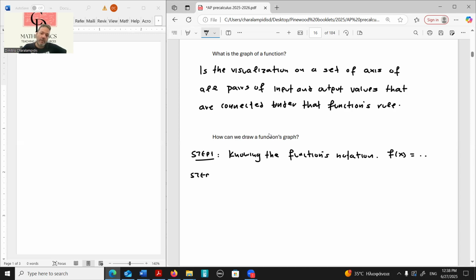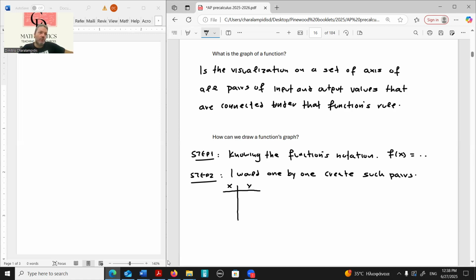Then, in step two, exactly because I defined the function as a visualization of pairs of input and output values, I would need to create these pairs, one by one. To do that, it could be endless in most cases, because we would need to create a table of values.